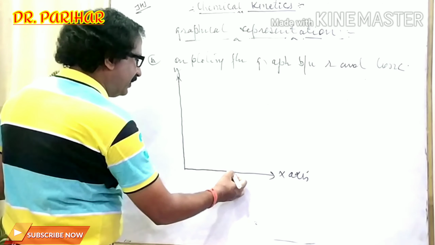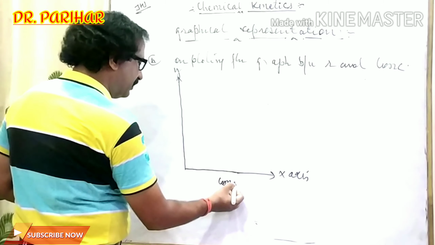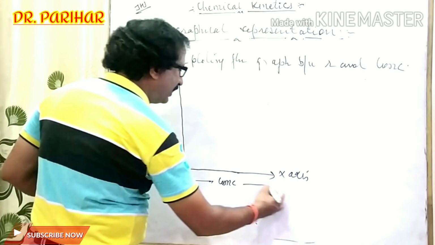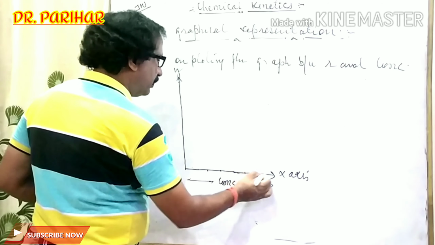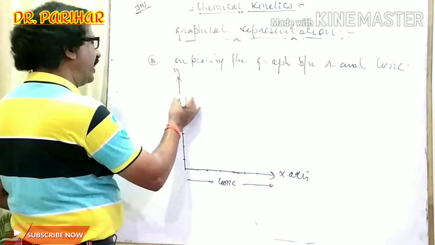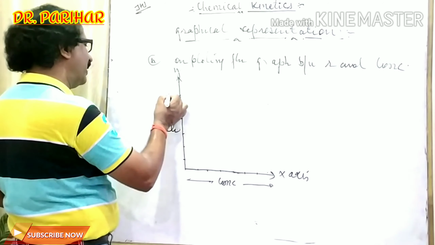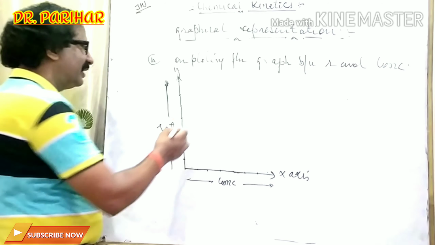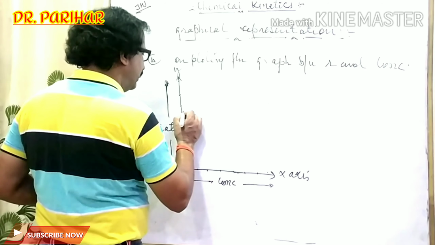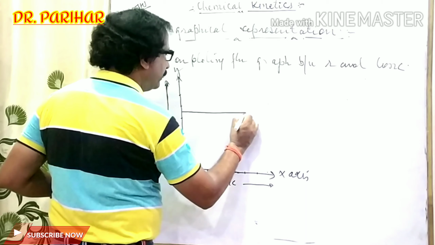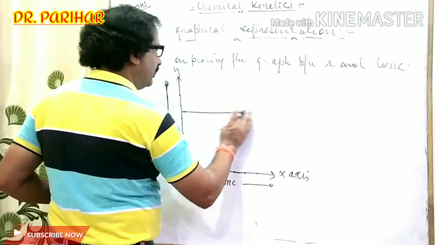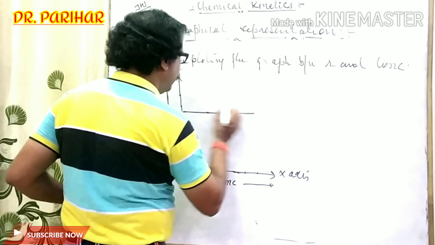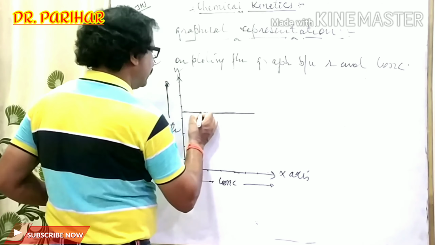We have taken concentration values along the x-axis, and along the y-axis we measure the value of the rate of reaction. Okay, and in this case, on increasing the concentration, no change takes place in the rate of reaction, like this. What do you mean by this?